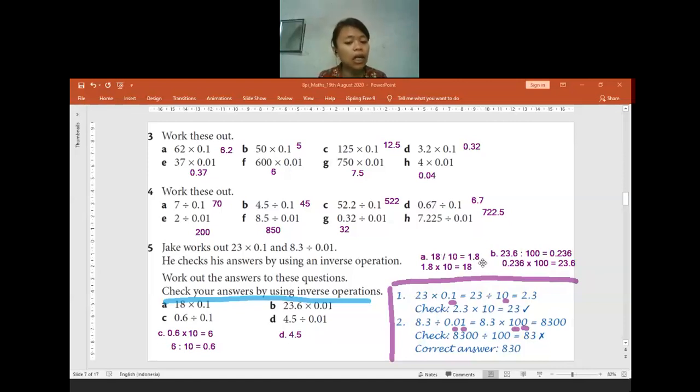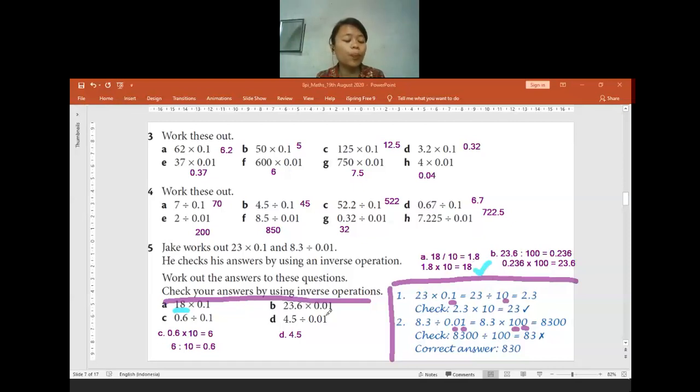So now we check the answer with the number that we used to divide. 1.8 multiplied by 10, the answer is 18. It comes back to the original question. So the answer that we got in question A is already correct. And then now we can go to question B.